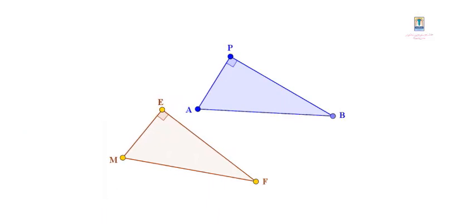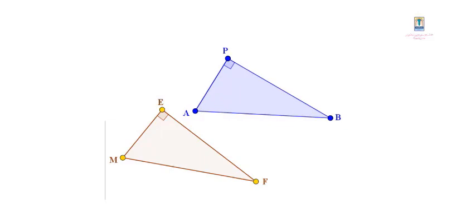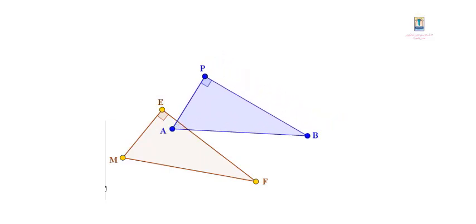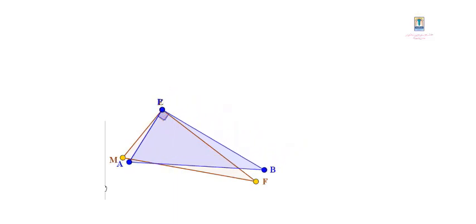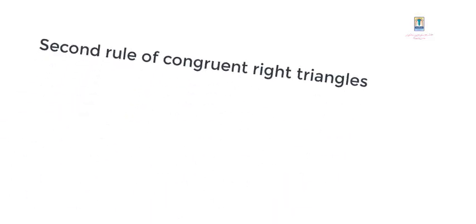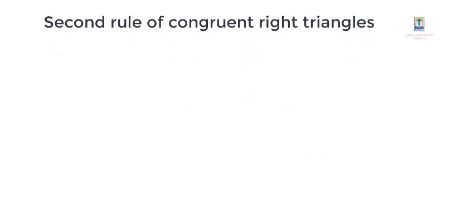Let's check now the figures. Then it was enough to say that if I have an equal hypotenuse and another equal side in these two right triangles, they will be congruent.